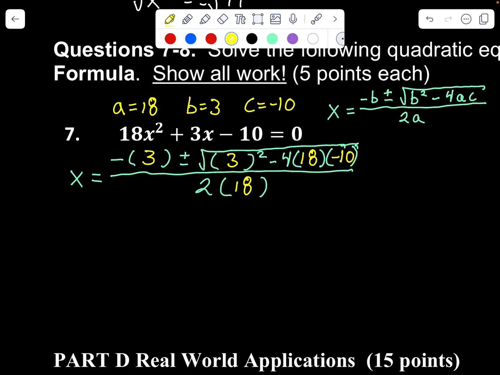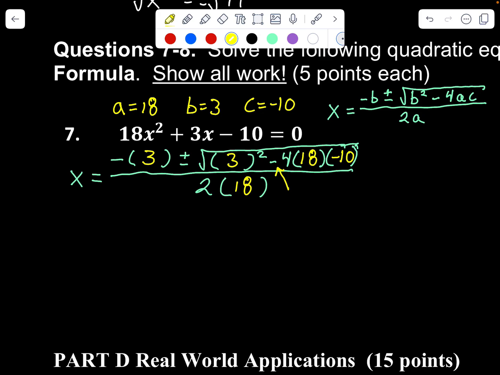Okay, now this time around, what I'm going to do is plug this into a calculator. I'm just going to plug the whole thing, the numbers, not the x equals, just the numbers into the calculator, and the calculator will spit out an answer for me. It will do the order of operations. Some key things to think about in the calculator.